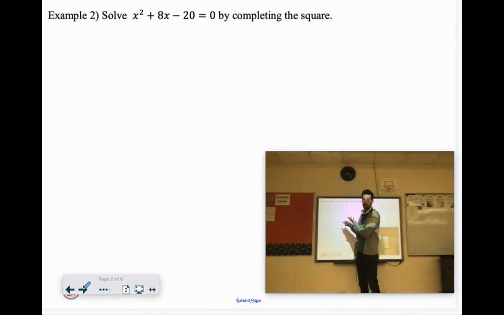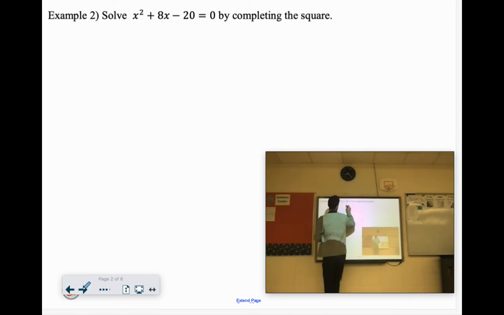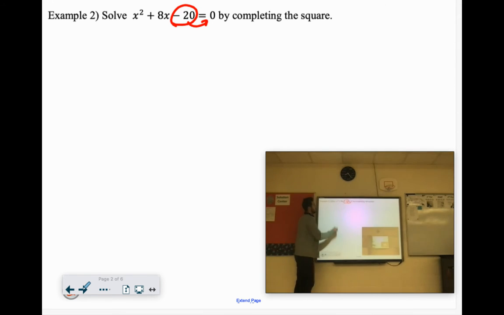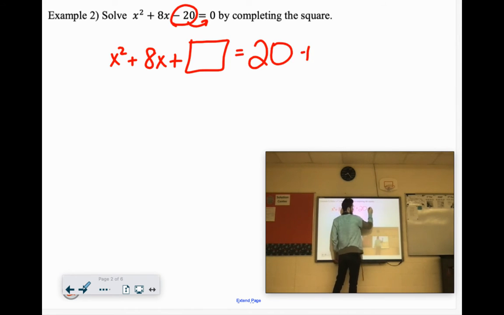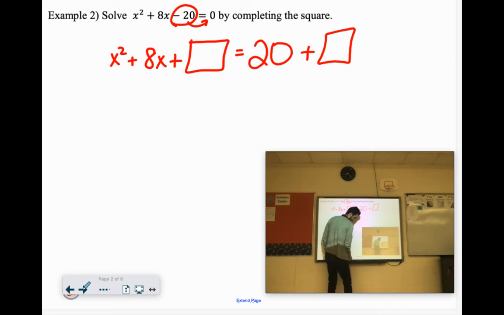This one can be solved by factoring, but we're going to practice completing the square. First thing, we got to move this negative 20 to the other side, which means we would have to add 20. So we have x squared plus 8x, I'm going to leave a blank here to complete that square, equals positive 20 plus that same blank.